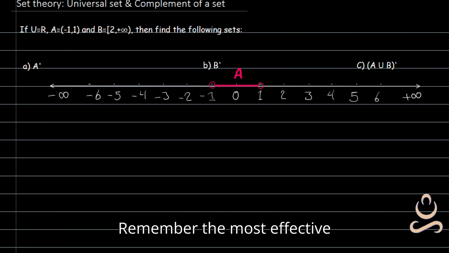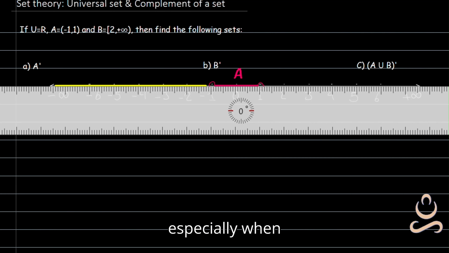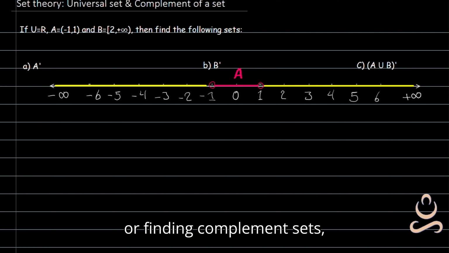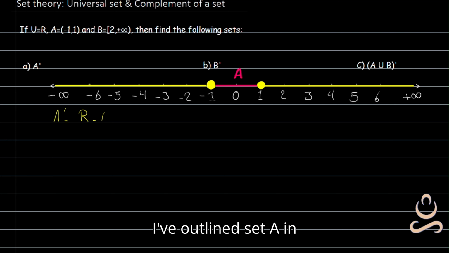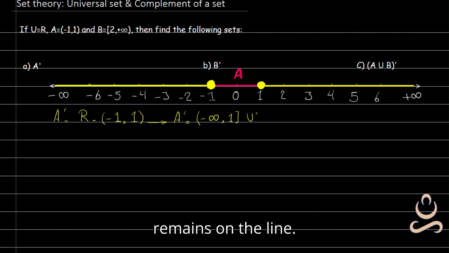Remember, the most effective tool for these types of exercises, especially when dealing with multiple sets or finding complement sets, unions, or intersections, is the real number line or the line of any other universal set defined by the exercise. I've outlined set A in red on the line, so the complement set is what remains on the line.